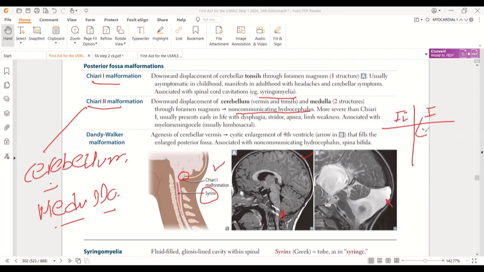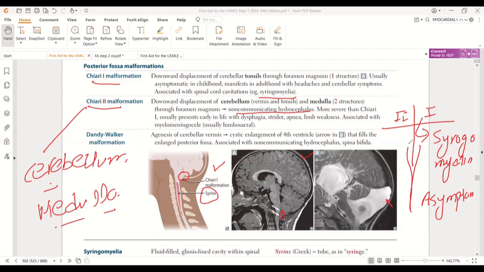So one is usually asymptomatic, while two is symptomatic, right?